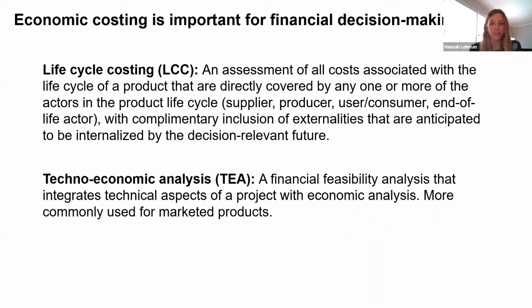So these would be the people that maybe are purchasing or using the product, and then the end of life actor. So that would be someone that would take the product after it's already reached the end of its useful life, and then they'll help dispose of it. And then you can also include the externalities that are anticipated to be internalized by the decision relevant future. So that's life cycle costing.